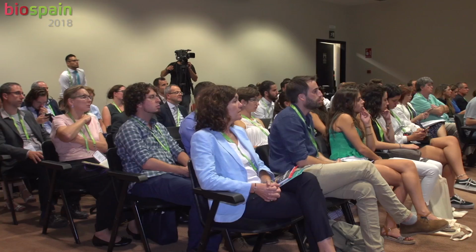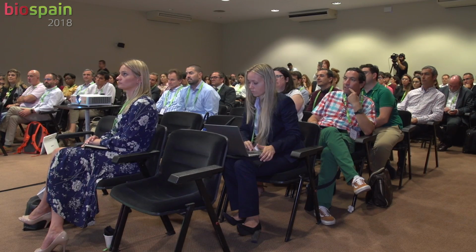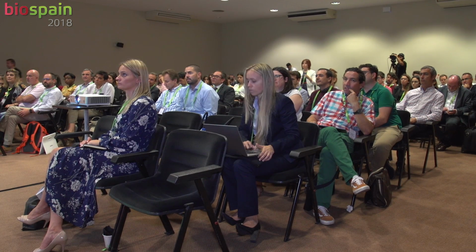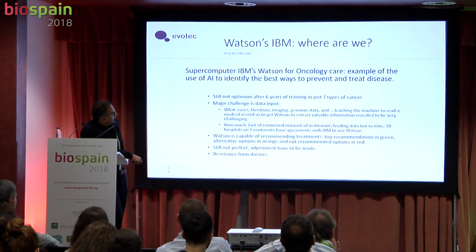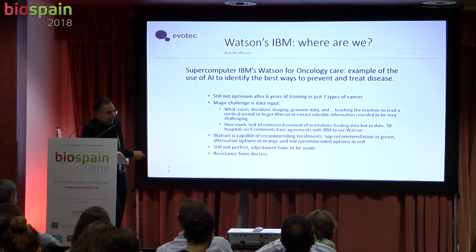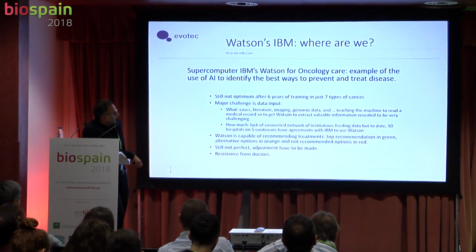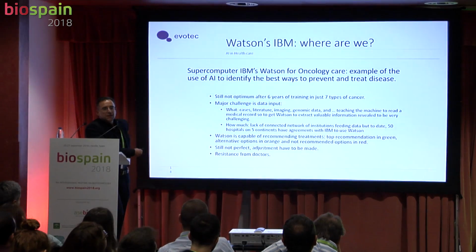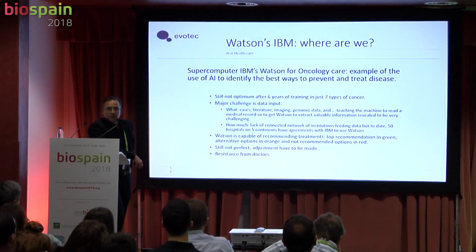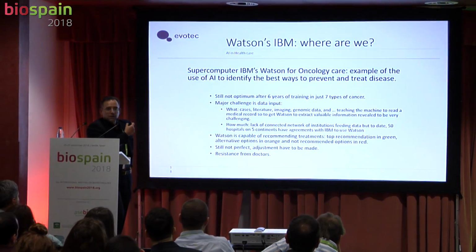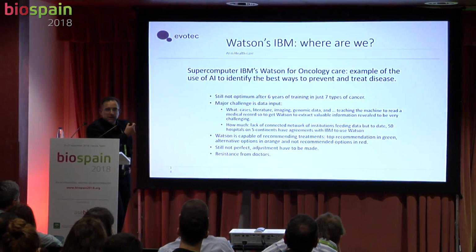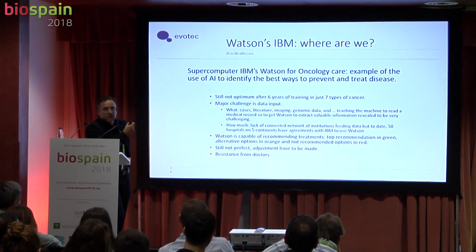So data input is critical, and what kind of data, as in discovery, as in development, apply to the pharmaceutical industry? It's cases, clinical cases, literature, imaging, genomic data. So the machine has to learn. So again, the human input is still needed. It's always needed because the machine has to learn, and it takes a long time.